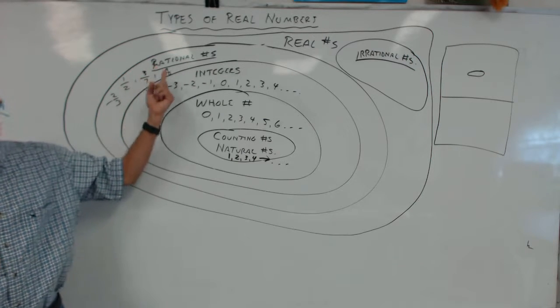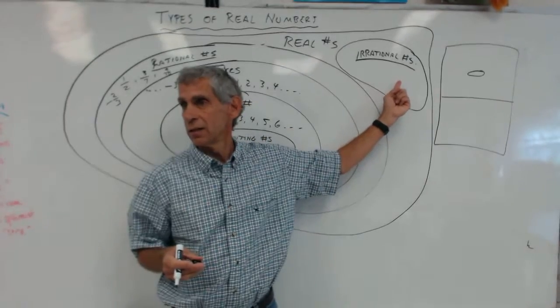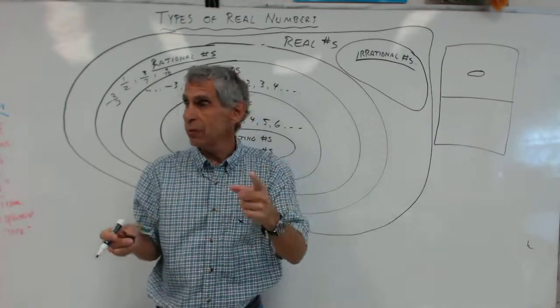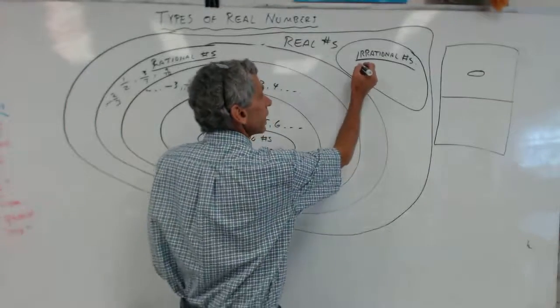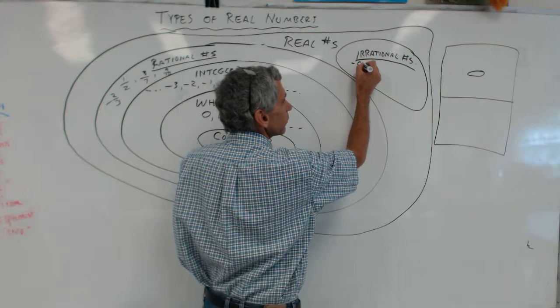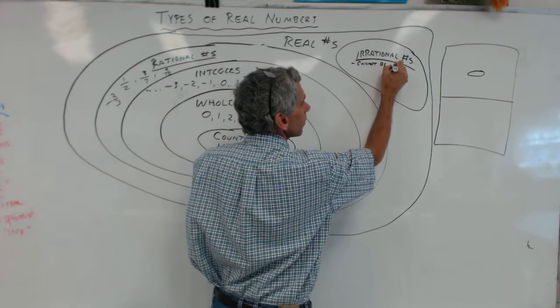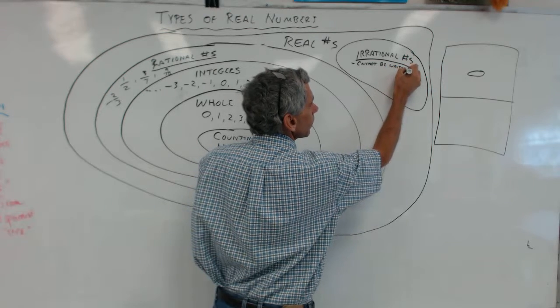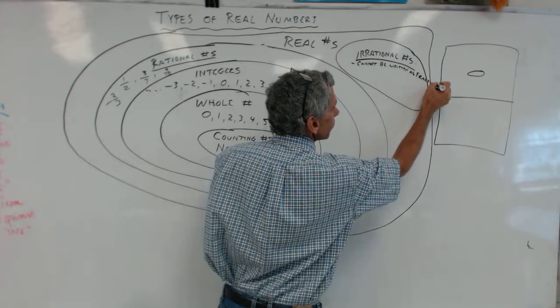Ratio. So things that can be written as fractions. What would irrational mean? Things that cannot be written as fractions. Let's just write the definition first.